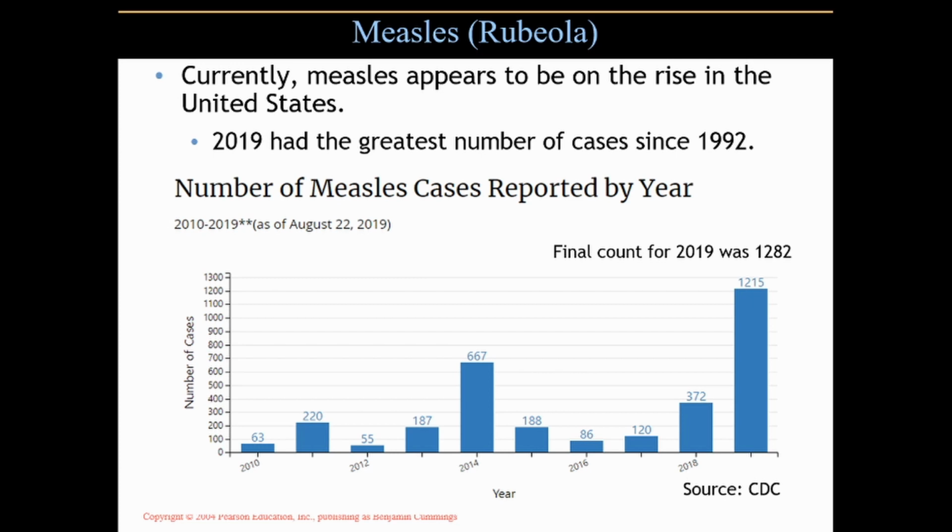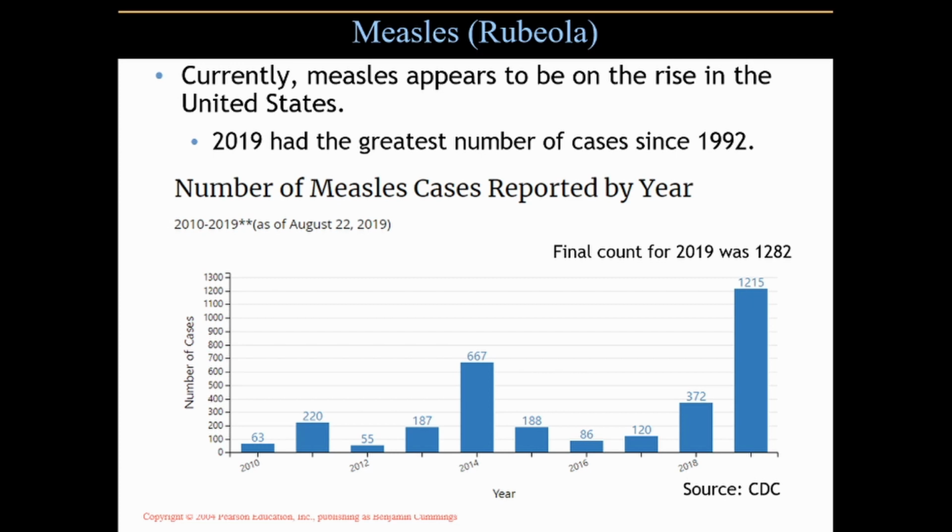This is going to create an uptick in the numbers. As more and more people choose not to be vaccinated, you're going to see the number of people developing measles slowly creeping up, because we allow people to come in from other countries with a substandard vaccination program, and they're bringing these diseases in with them.